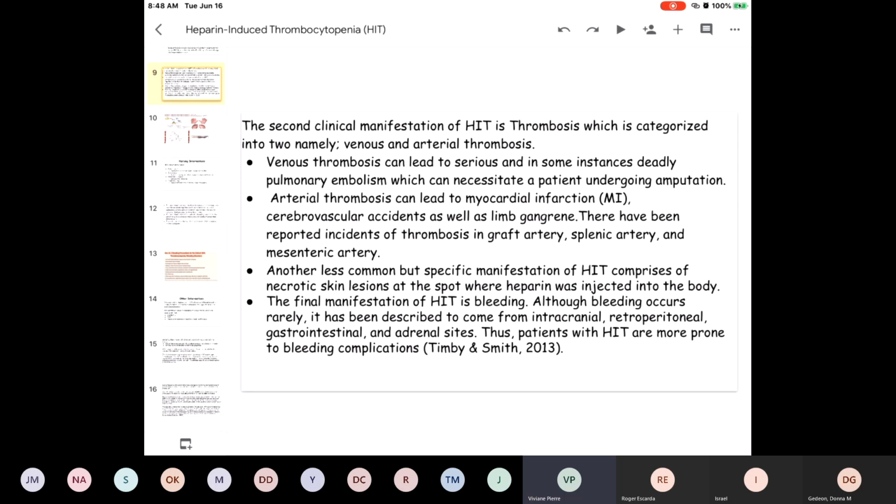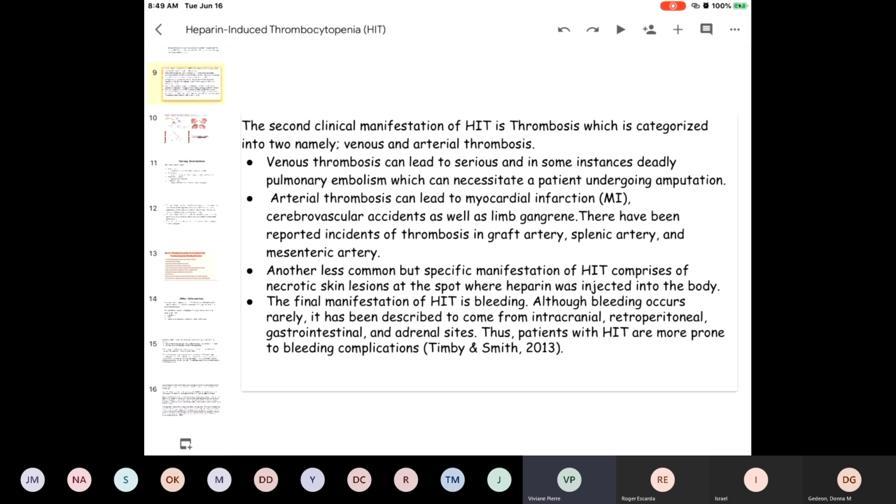Arterial thrombosis can lead to myocardial infarction, cerebrovascular accidents, as well as limb gangrene. There have been reported incidents of thrombosis in graft artery, splenic artery, and mesenteric artery.